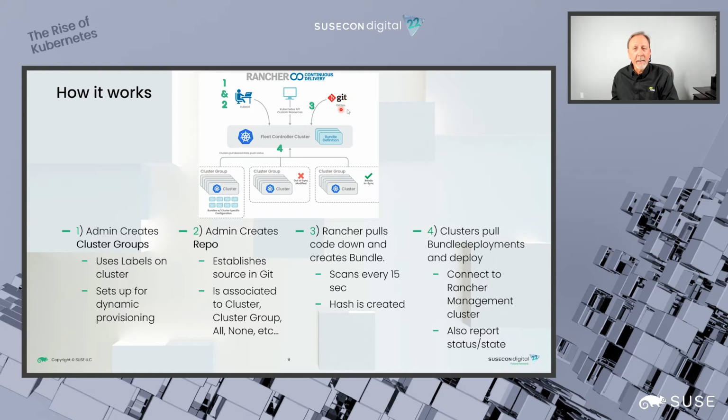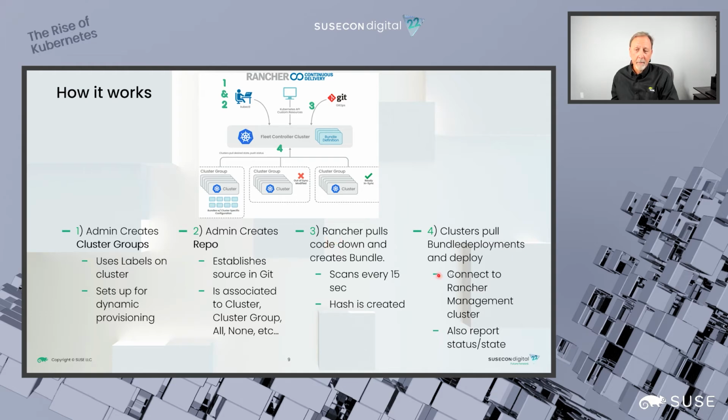And when it finds something new or finds it for the very first time, again, it downloads, creates that bundle definition, but it also creates a hash that helps it understand what the different versions are and if changes are being made. And if you go in and visit the demo, I'll show you where that hash is exposed, so you can get a better understanding of where it is.